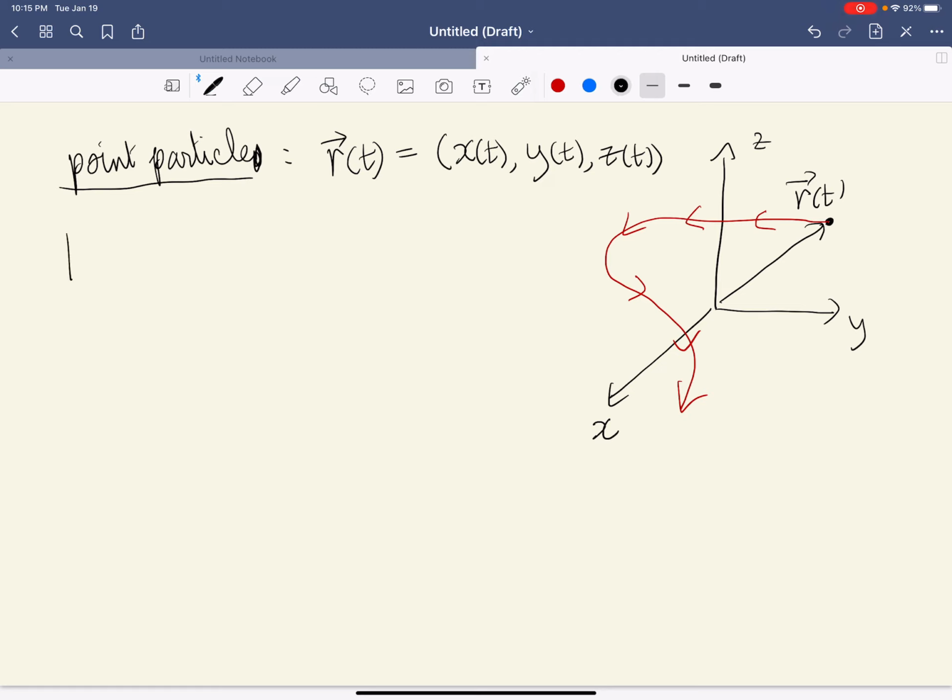In quantum mechanics, the particle is still a point.